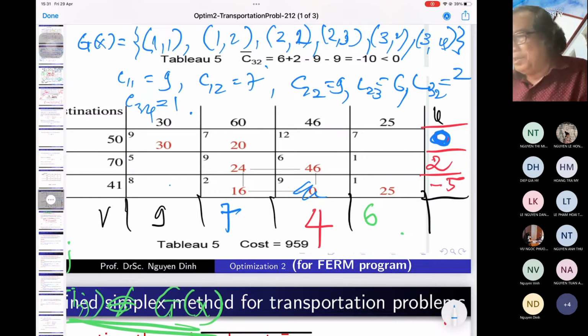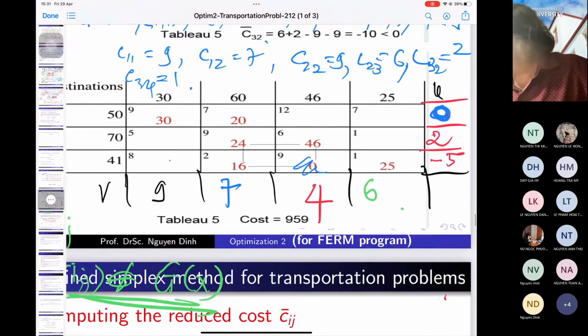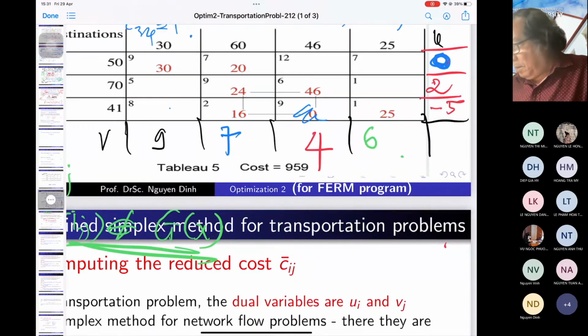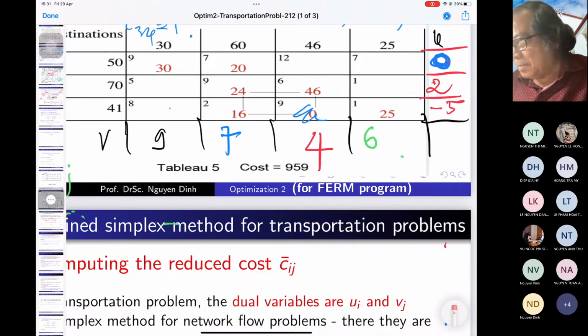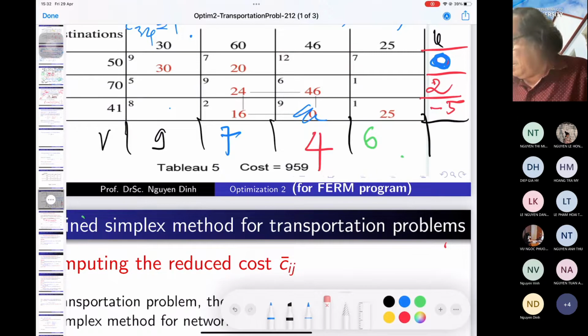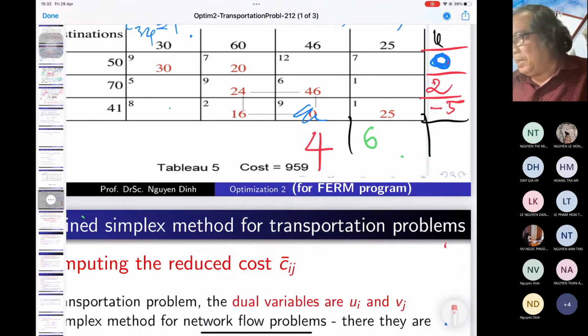And now what is it? You just do a linear system. What is the linear system? Let me delete this and write down the linear system for you to see.